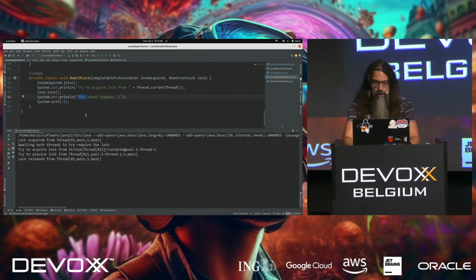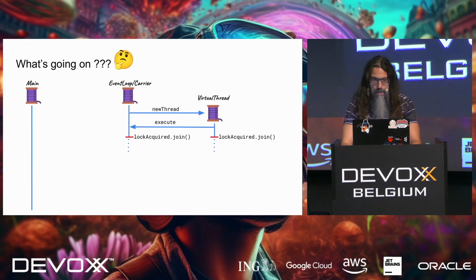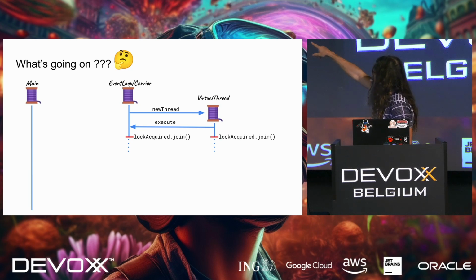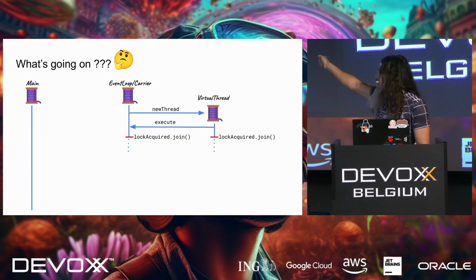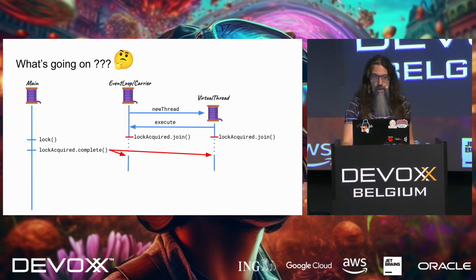And just to be clear, what is happening is that I have the event loop that is also the carrier thread, and then I create a virtual thread there, and then I execute the same method in both threads, trying to acquire the lock. They wait, with that completable future, for the main thread to acquire the lock.